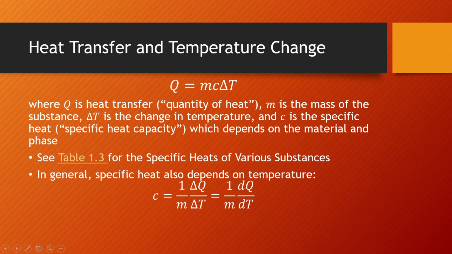All right. We can also describe the specific heat in terms of temperature. So C is equal to 1 over the mass times delta Q over delta T, or we can write this in a, I forgot what it's called off the top of my head, derivative form.